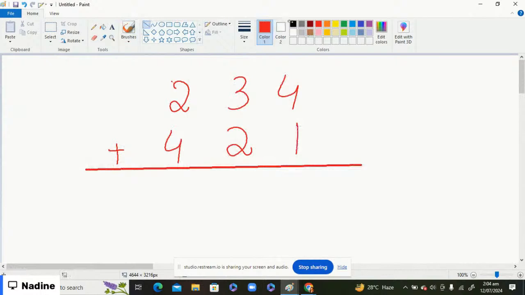How can we solve it? I'll start solving from the right side. Let's add these two numbers with each other. First of all, 4 and 1.